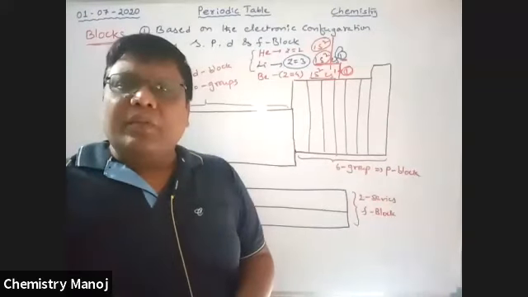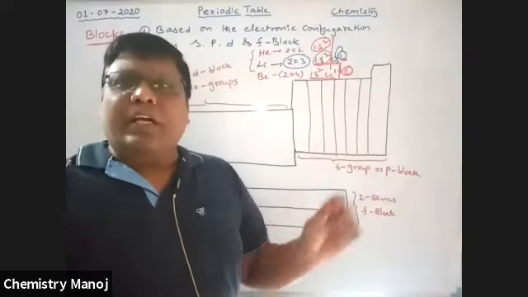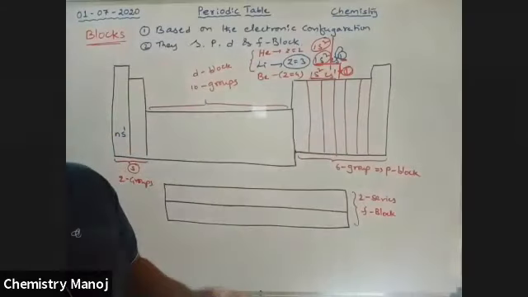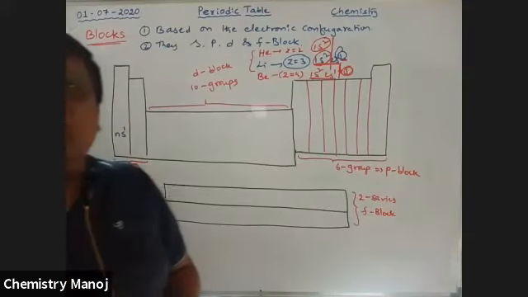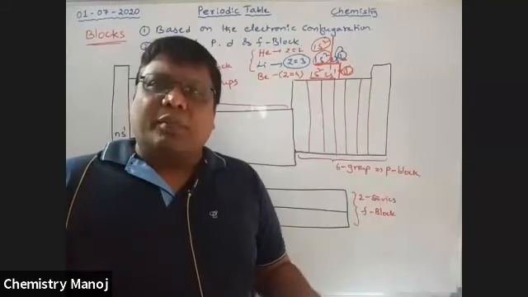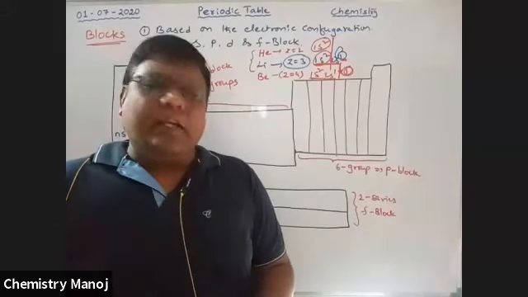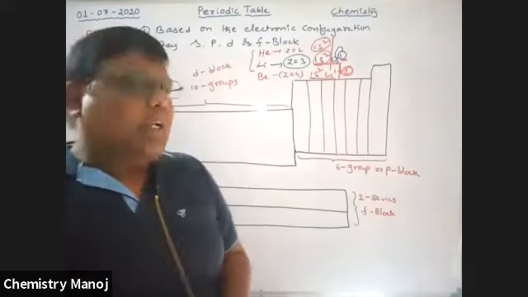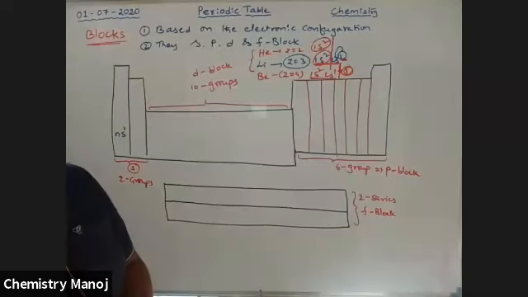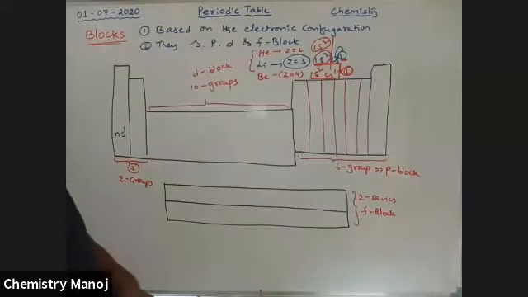That means all these elements are broadly divided into 4 types, depending on which orbital the differentiating electron enters. So all the elements present in the periodic table are broadly divided into 4 types: s, p, d, and f block. So see here.